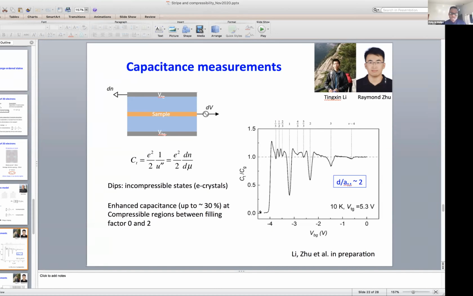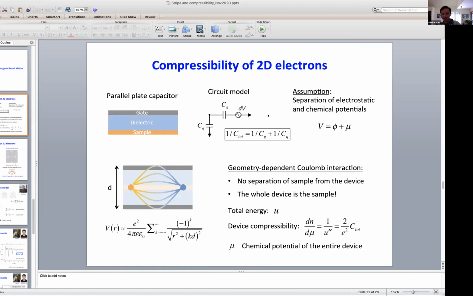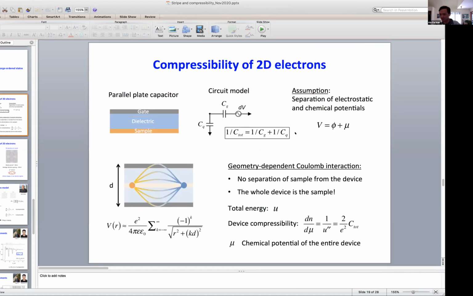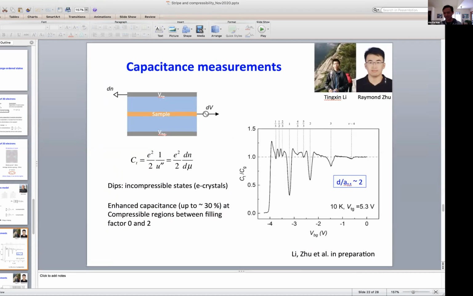Right. So you're still seeing this negative compressibility that you now attribute to the whole sample. Yeah. If you really insist on separating it, then it's a negative compressibility of the sample. Okay. So, I mean, excuse me, of the device. The capacitance of the device is enhanced compared to the geometrical value.